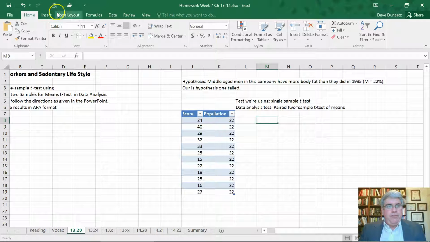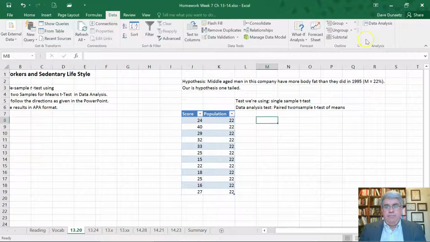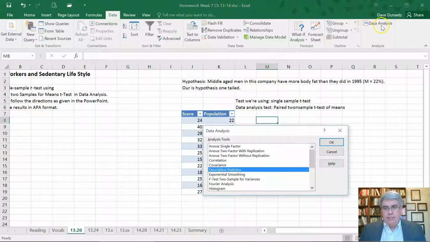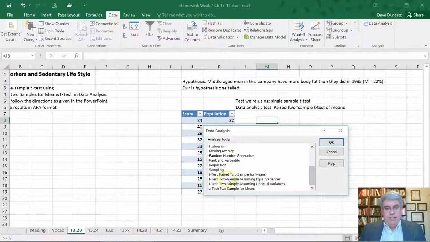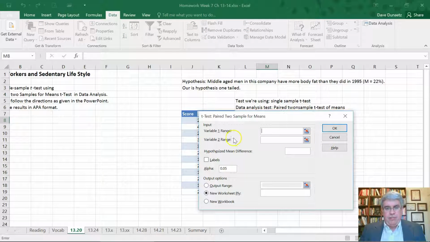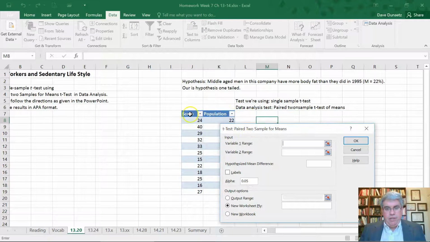So we go to data analysis, and we're going to look for the t-test two sample, assuming equal. No, we're going to do the paired two sample for means. So we've got everything paired up with the mean. The input for the first variable is going to be the whole column plus the title.